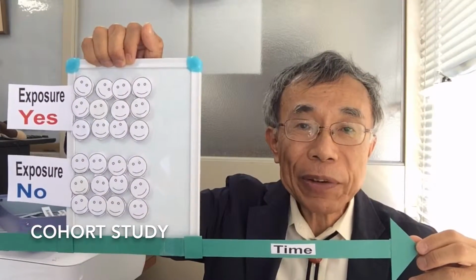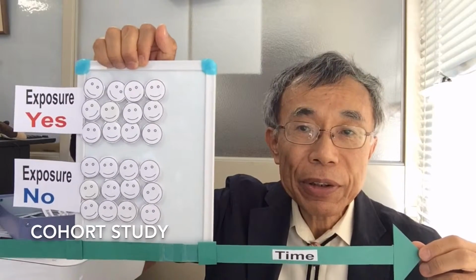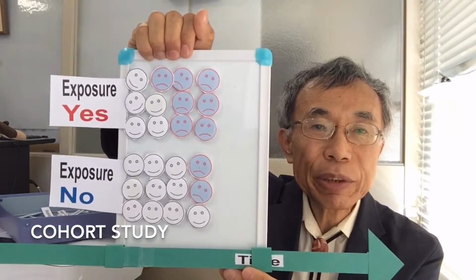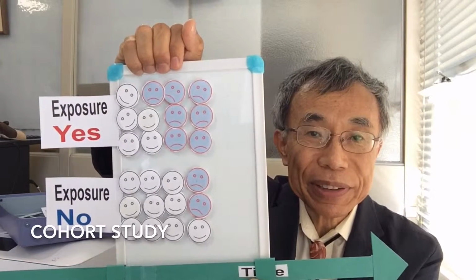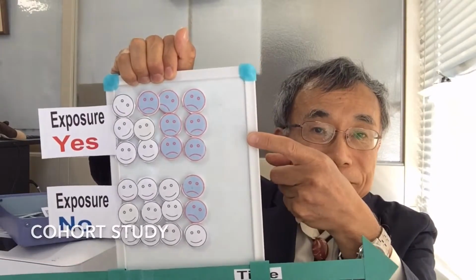The core of cohort study is to watch large numbers of people over a long period along with the level of exposure, detect and accumulate outcomes, disease, and compare the occurrence of outcomes among exposure levels.